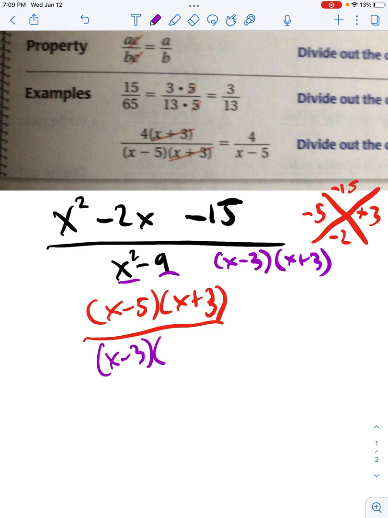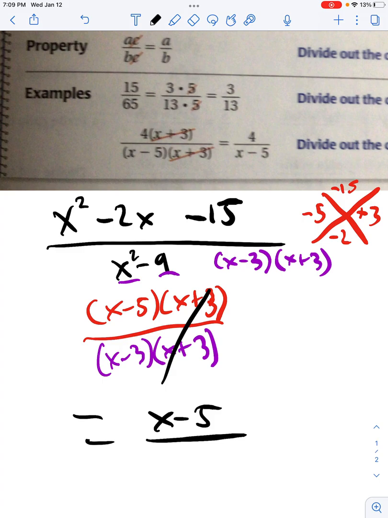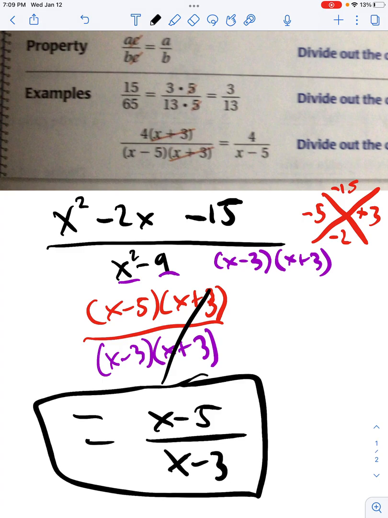So I'm just going to write x minus 3 times x plus 3 down here. And why we do this is because we have x plus 3 on the top and x plus 3 on the bottom. So we can simplify this all the way down to x minus 5 on the top and x minus 3 on the bottom.